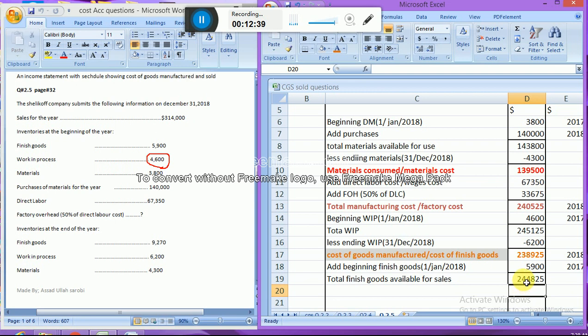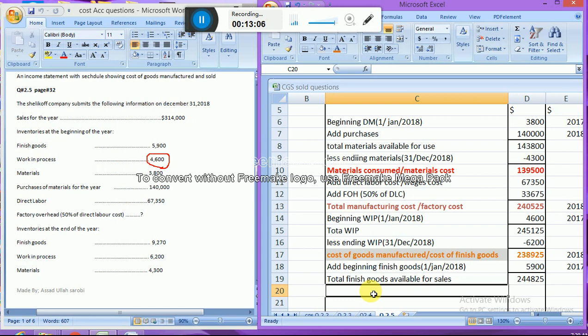So now we have 2,44,825. But look, the year is ending, so some finished goods remain unsold in the year 2018, which we will sell in 2019.